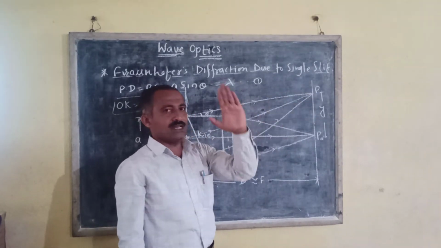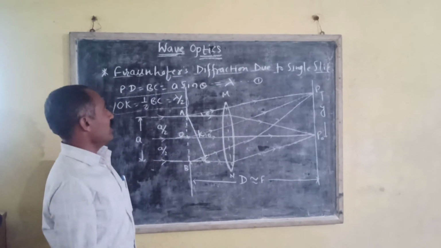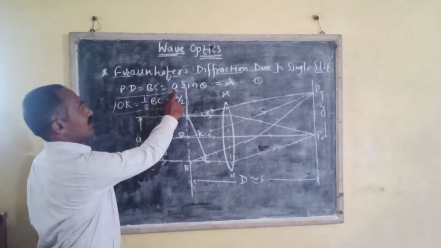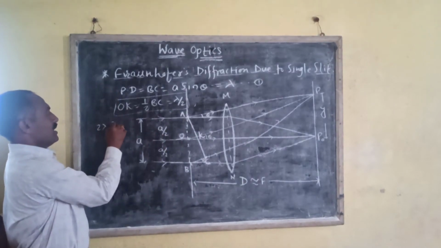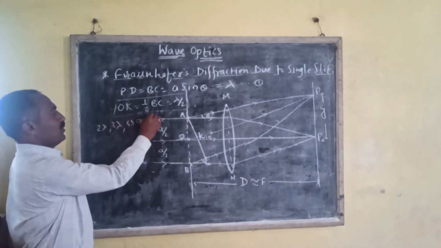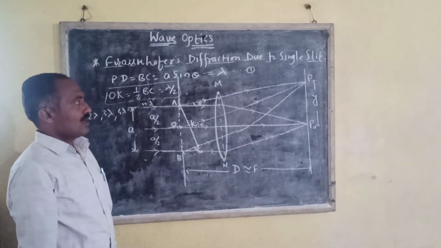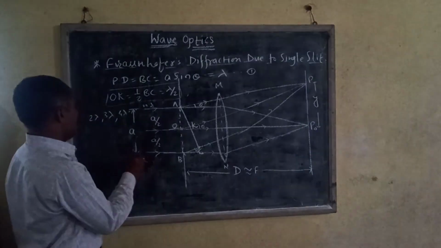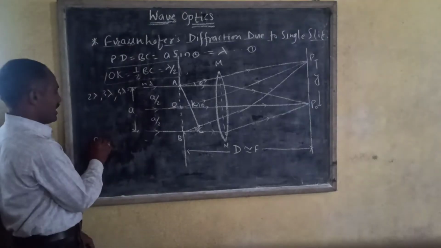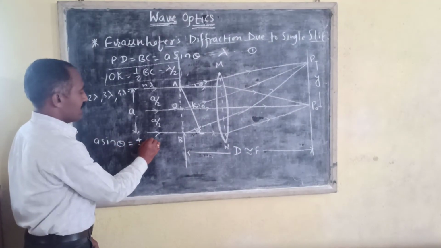If we extend this to other points on the screen, we get lambda by 2, lambda, 3 lambda by 2, 2 lambda, up to n lambda and so on, and hence the condition for the dark fringes on the screen is path difference a sin theta equal to plus minus n lambda.